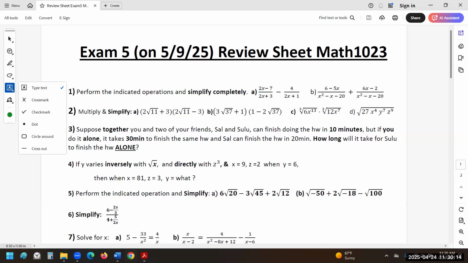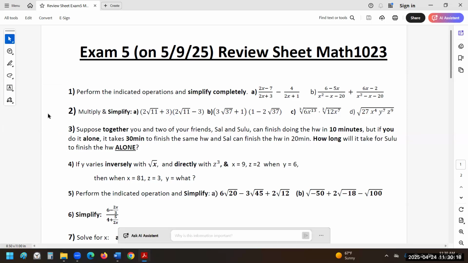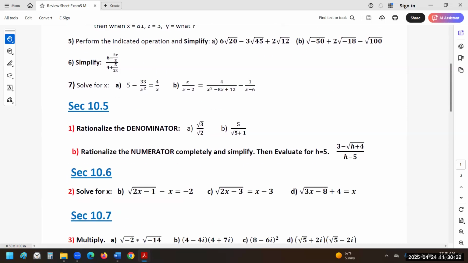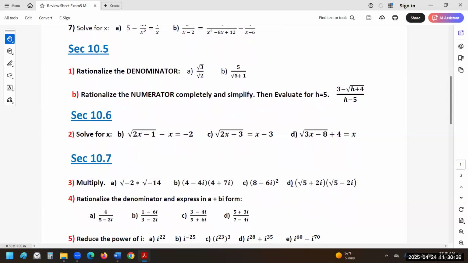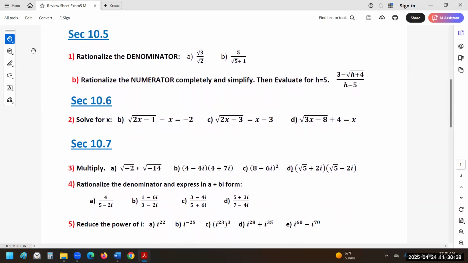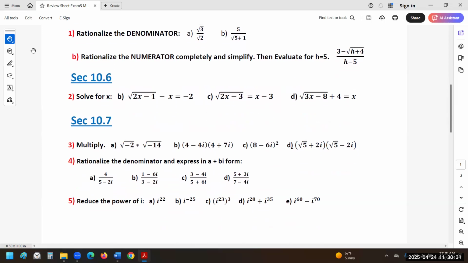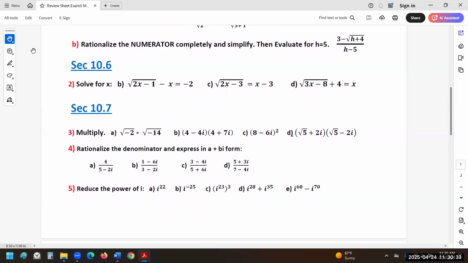And then one from 10.5, one from 10.6. And now we are going to do 10.7. Definitely one from each: one from 3, one from 4, one from 5. So these are the main topics on 10.7.